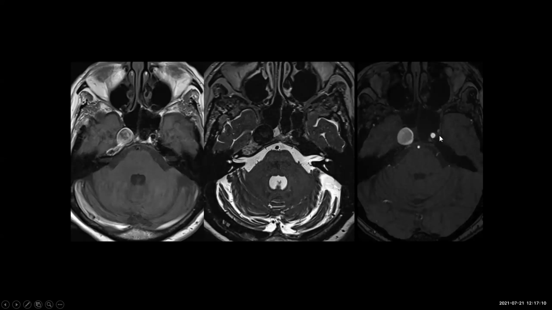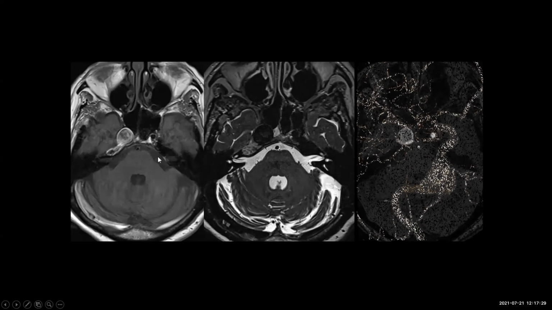And this is the normal left internal carotid artery. This is the basilar artery, and this is a big aneurysm of the pre-cavernous segment of the internal carotid artery. So this was the appearance of an aneurysm, looking like a sort of innocuous parasellar mass.